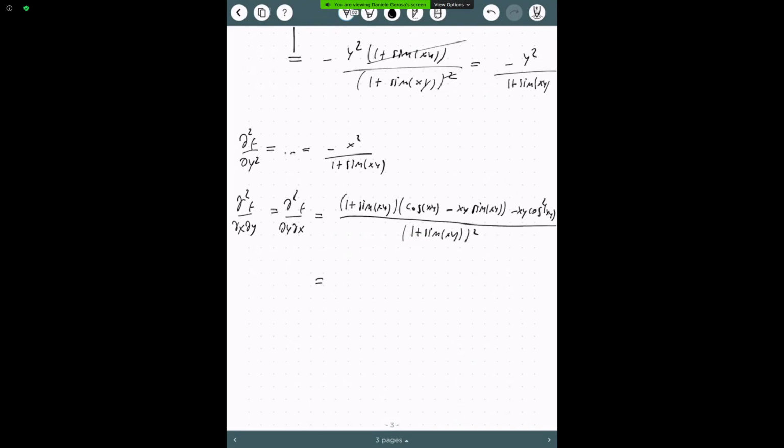So this is equal to, you do simplifications. Maybe I can skip them. Yes, I can skip them. You simplify the expression and then you get minus xy plus cosine of xy divided by 1 plus sine of xy. And that's all. Yes, so these are just mechanical computations. I don't expect this to be hard for you.